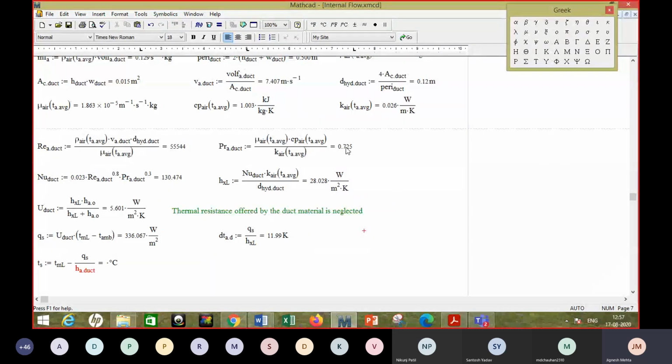With that, you get this to be around 12 Kelvin, the temperature difference between the air and the duct. Basically, if the air is at 60, the surface temperature of the duct at that point is going to be around 48. So there is a comparatively large temperature drop because the air is offering very high resistance.